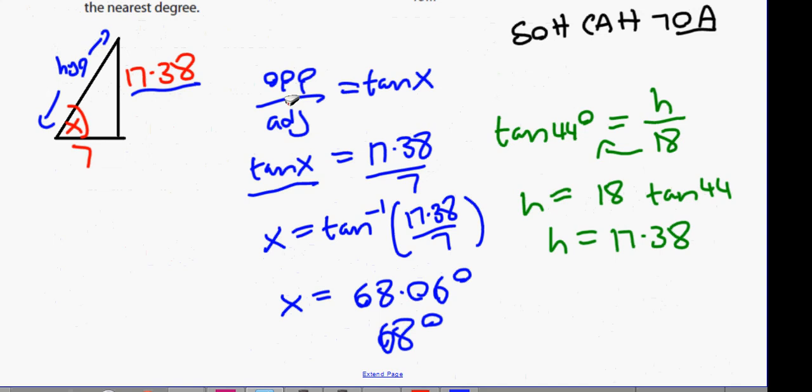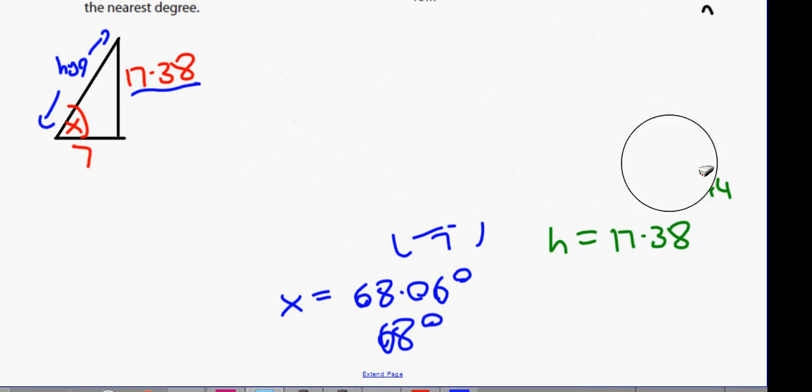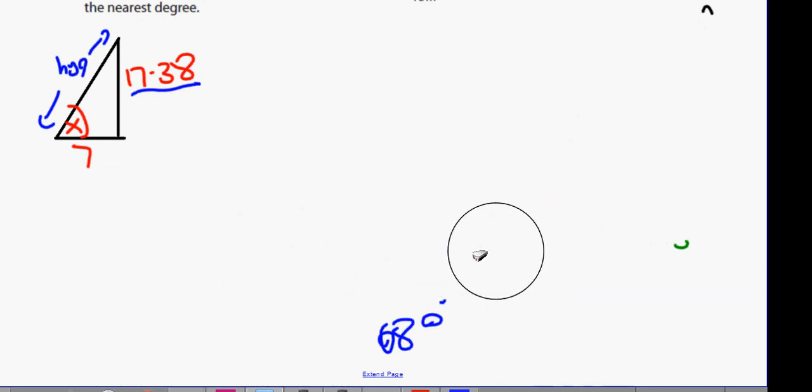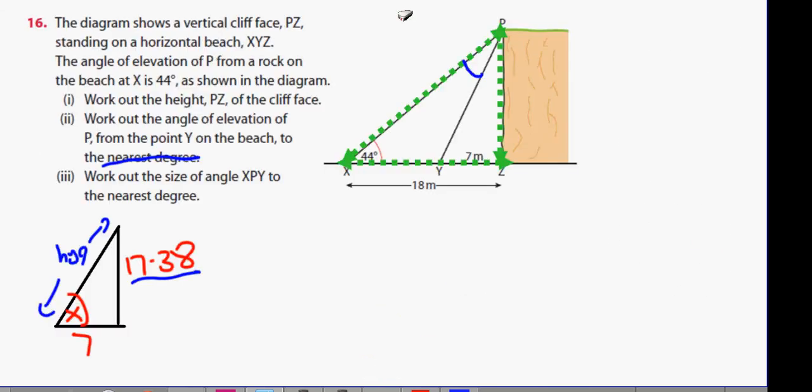Anybody know? Okay, let's look at this. Let's look at what we know. This here is 68. What's this one here? 90. What's this one here then, in red?